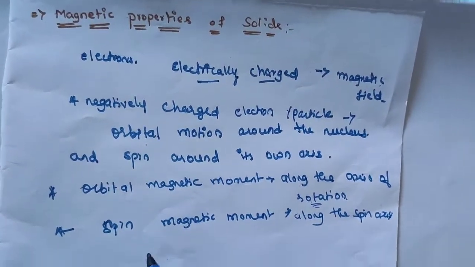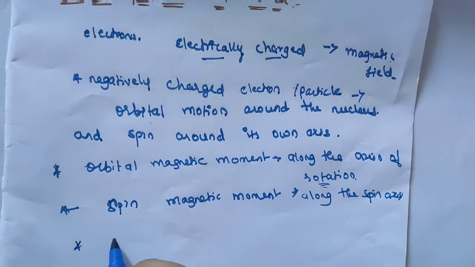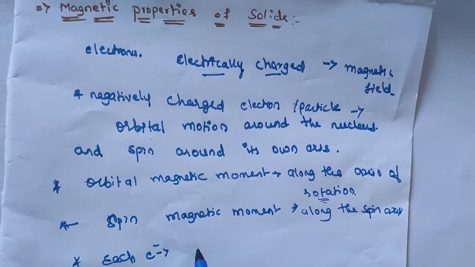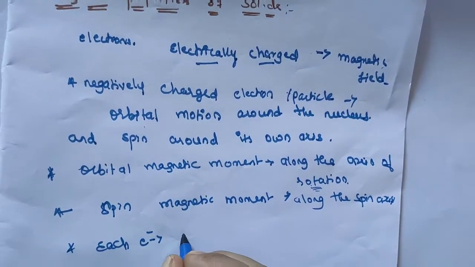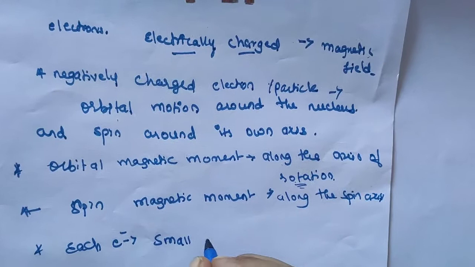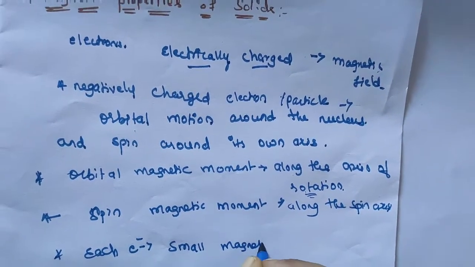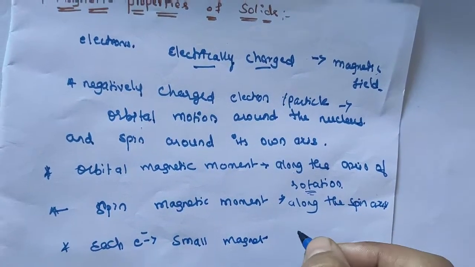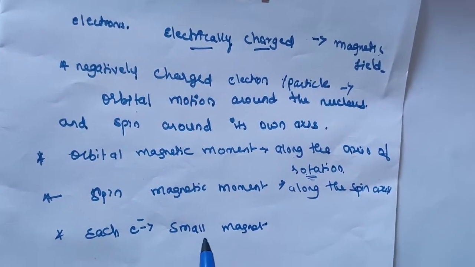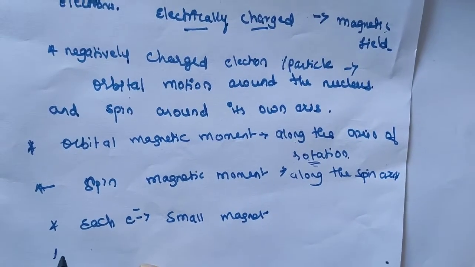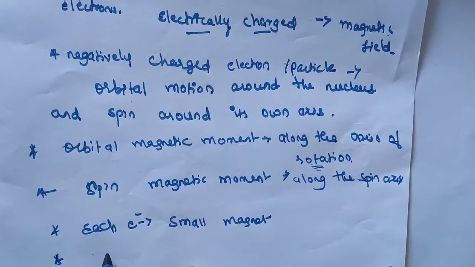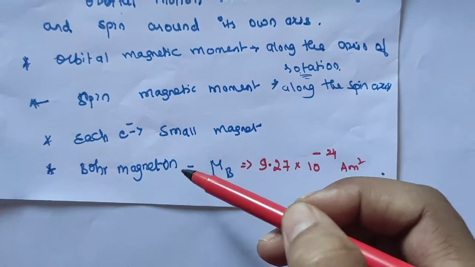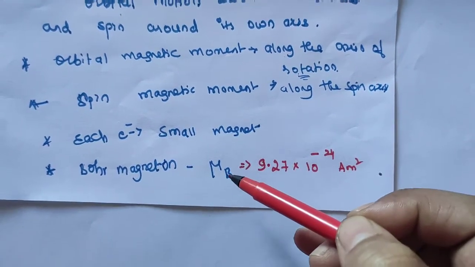This is expressed in terms of the Bohr magneton, which is represented as mu b.